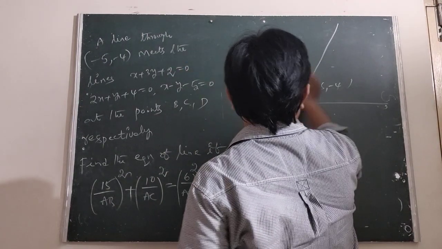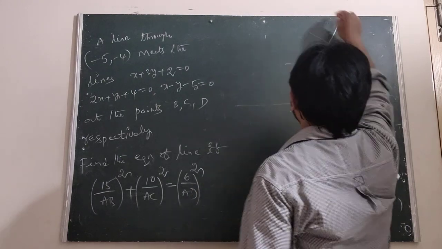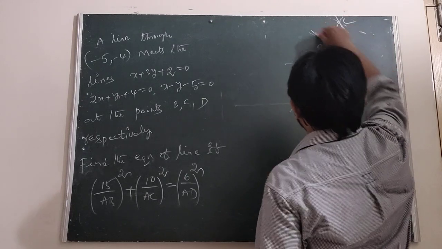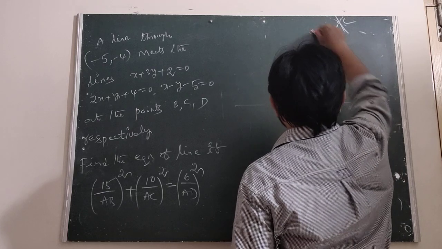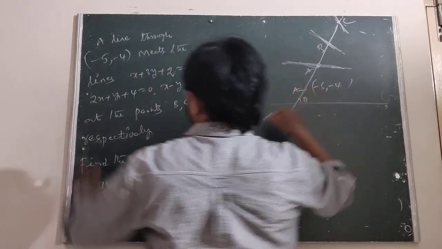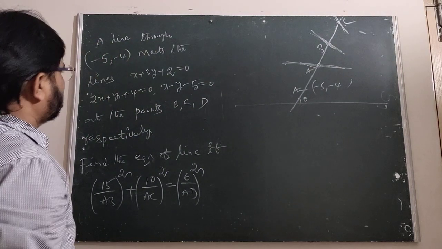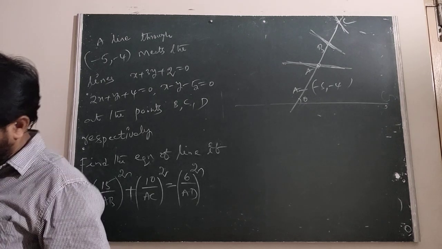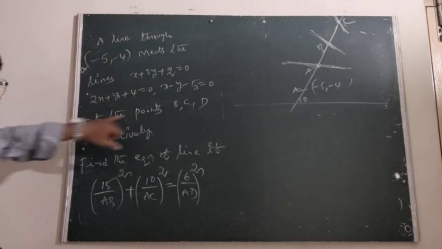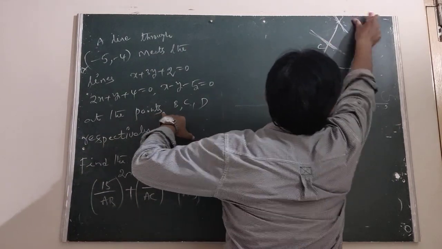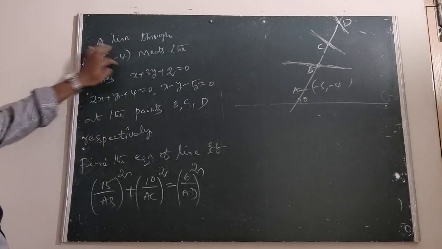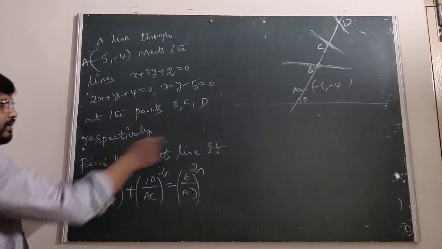First it intersects the first line at A, the second line at B, the third line at C. A line through the point A (-5, -4) meets the lines at B, C, D, and we also have to find the equation of this line.